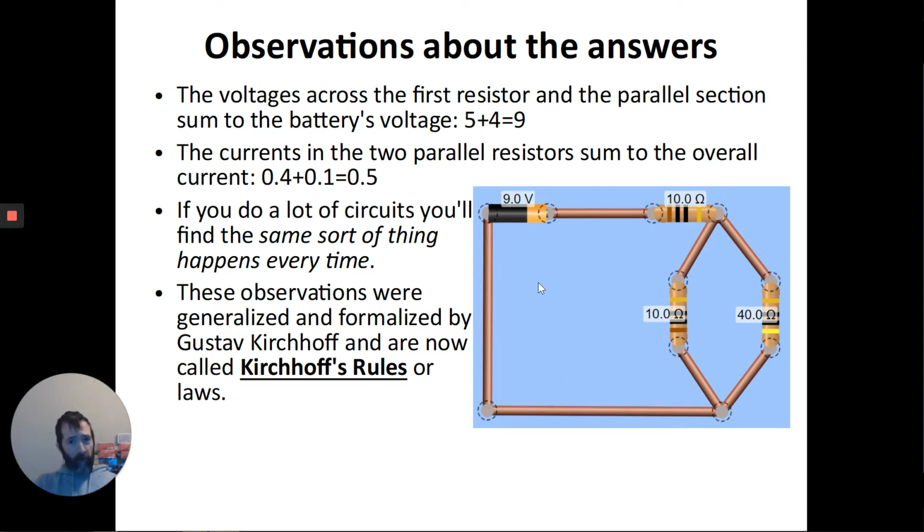Both of those phenomena will occur in any circuit that you analyze carefully. And so those ideas are formalized into 2 rules, which are referred to as Kirchhoff's Rules, named after the person who originally stated them clearly.